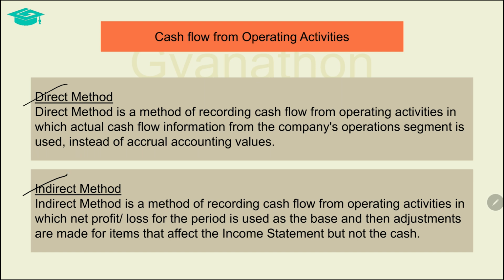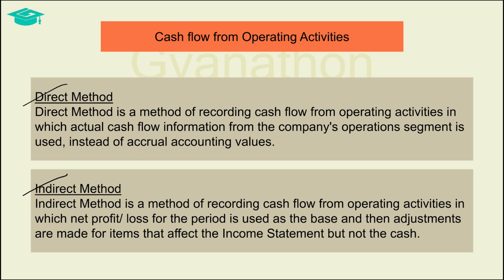Under the indirect method, the net profit or loss for the period is used as the base, and then adjustments are made for items that affect the income statement but not the cash position. So here the net profit or loss is first taken and then adjustments are made to eliminate non cash transactions and transactions which are of investing or financing categorization and not operating activities.